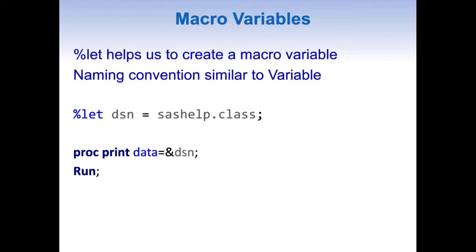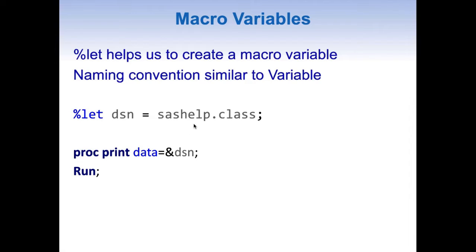Once we have looked into what characteristics a macro variable name should have, now let us try to understand the percent-let statement very quickly. Here I am defining %let dsn = sashelp.class. Here dsn is our SAS macro variable name, and sashelp.class is its value.